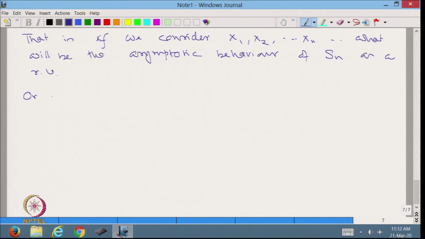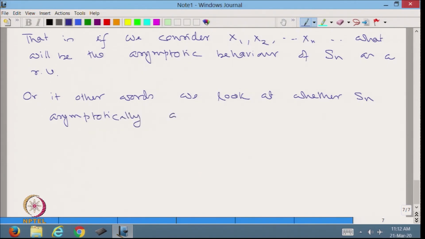Or in other words, we look at whether Sn asymptotically approaches some known distribution, say F(x).